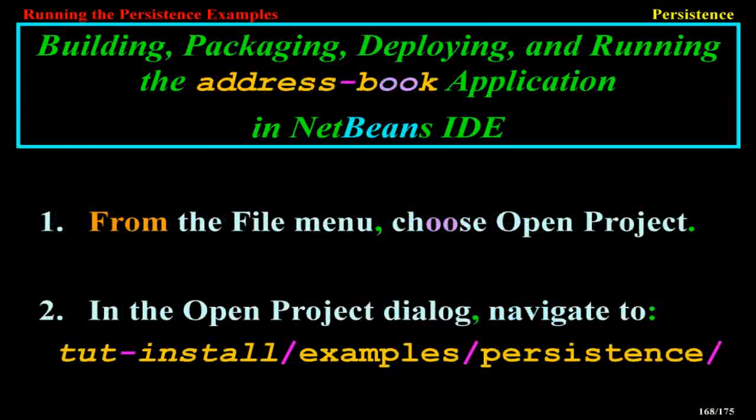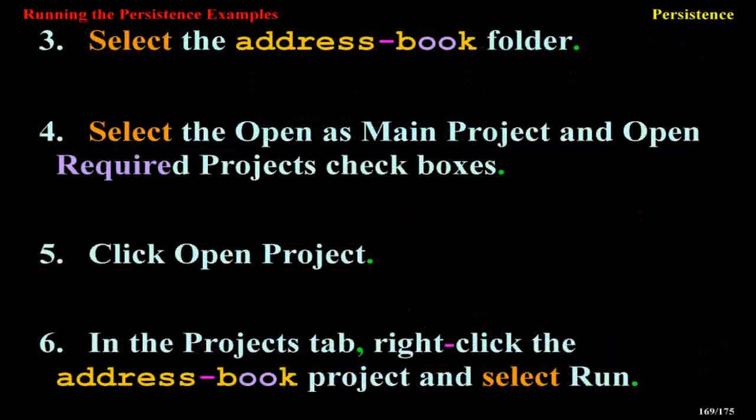In the Open Project dialog, navigate to tut-install/examples/persistence. Select the address book folder. Select the Open as Main Project and Open Required Projects checkboxes. Click Open Project. In the Projects tab, right-click the address book project and select Run.